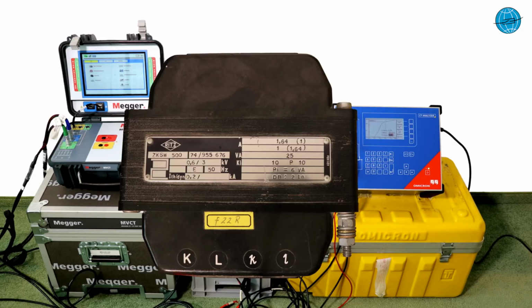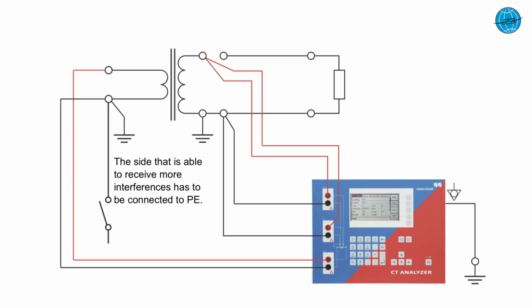We start again with OMICRON's CTA and first look at the test wiring. Here you can actually do nothing wrong. The correct test wiring is shown large on the front of the device. Even a PhD industrial engineer would be able to make the correct wiring with a probability greater than 50%.